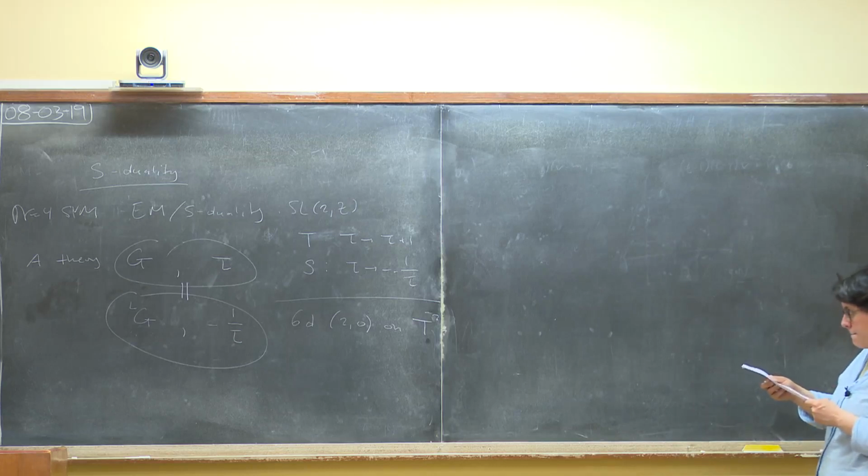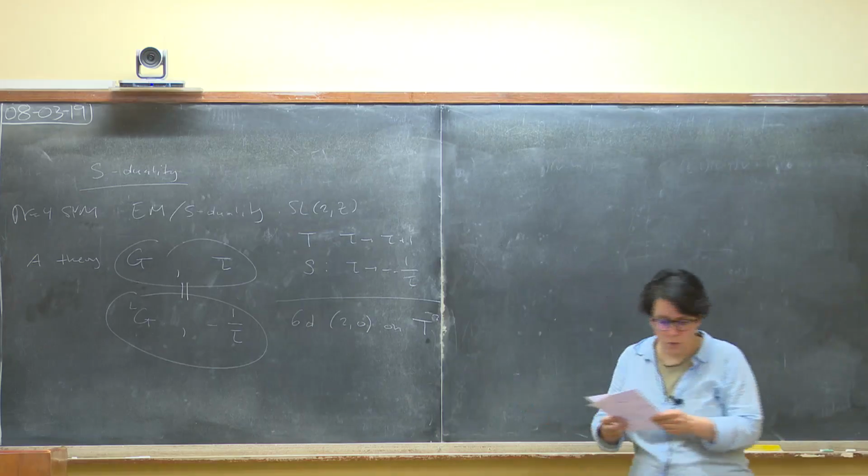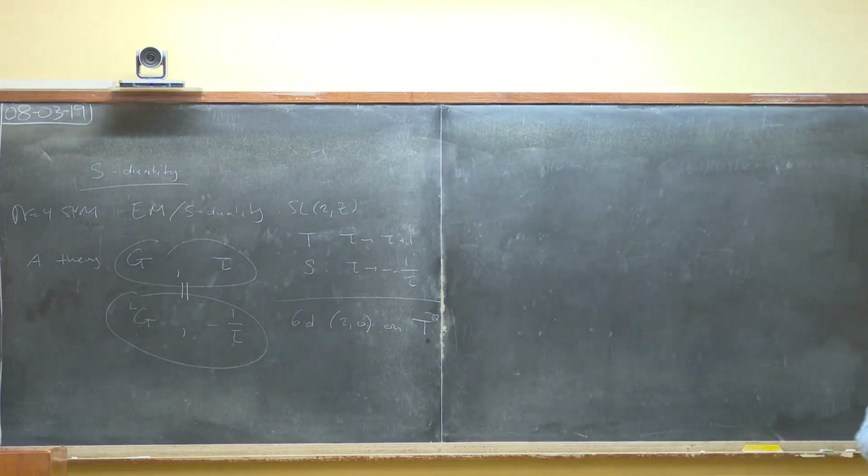Maybe another thing to say that is nice is that by now we can understand, so Cordova and Dumitrescu, together with Intriligator, wrote this very nice representation theory paper a couple of years ago, and they studied all possible 6D (2,0) and (1,0) short multiplets, and basically there is no way to have a marginal coupling in 6D (2,0) or (1,0).